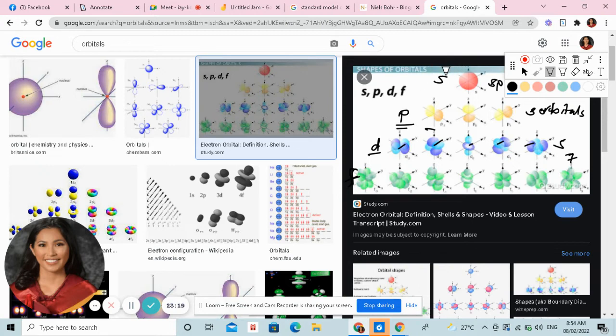According to our rule, each orbital can only occupy 2 electrons. Hence, in the S orbital, how many electrons can it occupy?